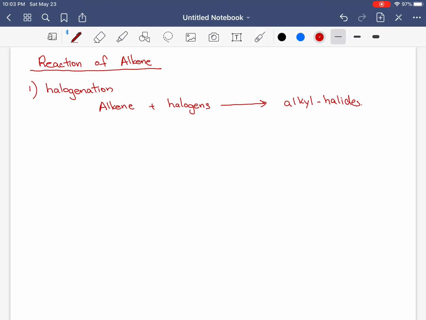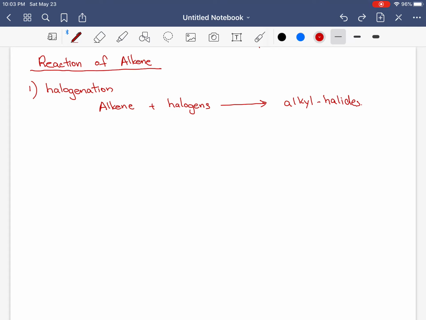So when we took alkane and we reacted with halogens, we call that substitution, and that also makes an alkyl halide and an acid. Well, if you take an alkene and you react it with the same halogens, you can actually also make alkyl halide. And the good thing is, you won't make the hydrogen chloride, hydrogen bromide type of gas.